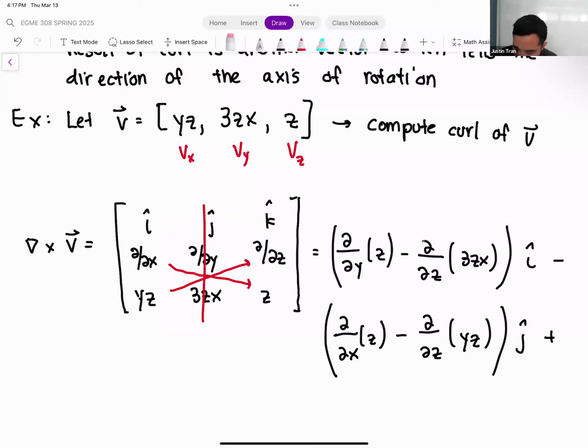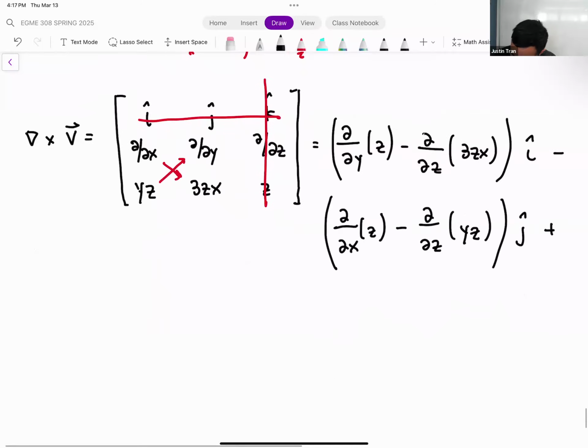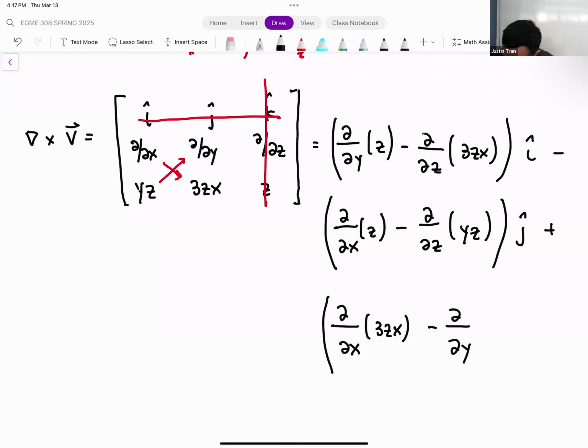And then we have the final component, where we cross out the first row and the third column, and take the 2x2 determinant of whatever is left. So we have partial x of 3zx minus partial y of yz.